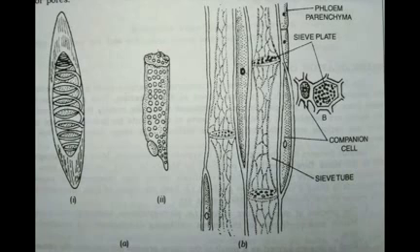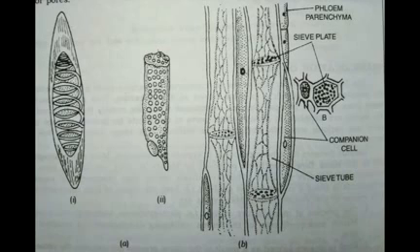Tracheids are long tubular cells with tapering ends. They have thick cell walls with thickening of various types and pits. Water flows from one tracheid to another through pits.